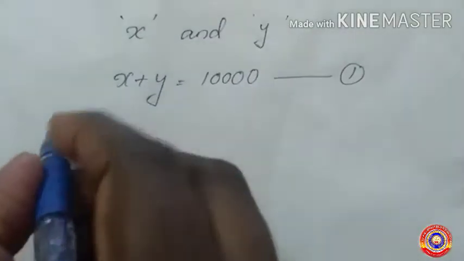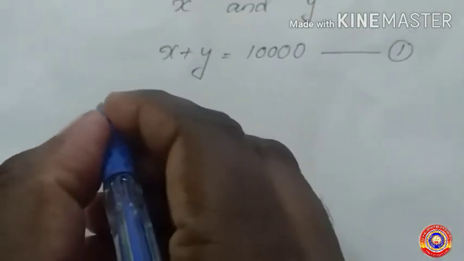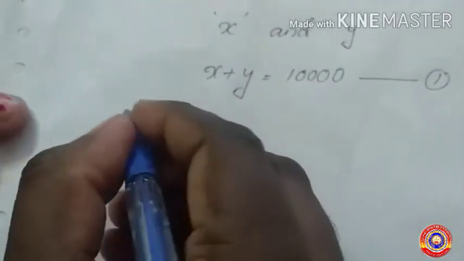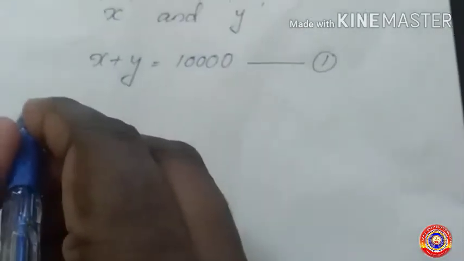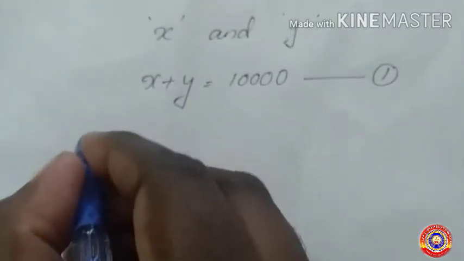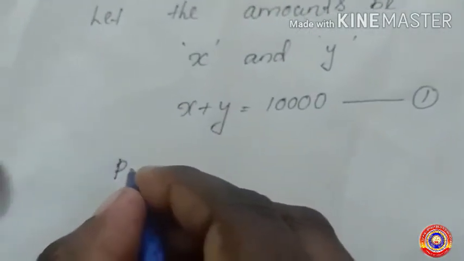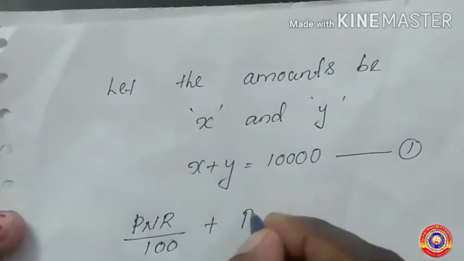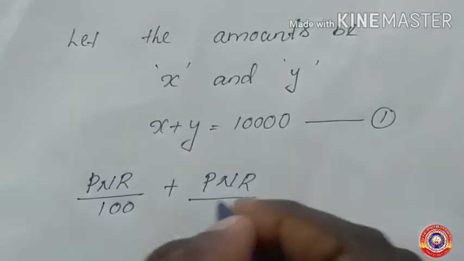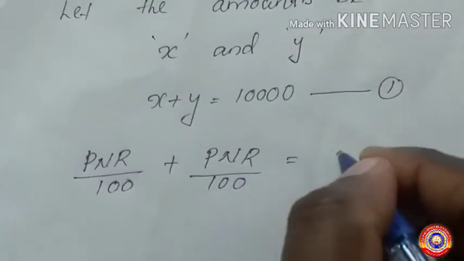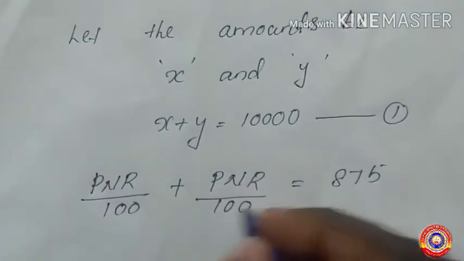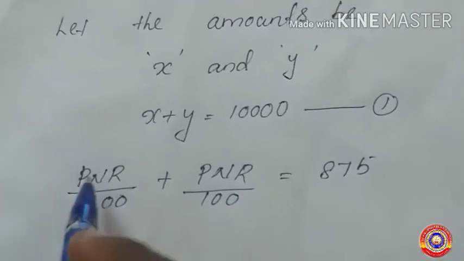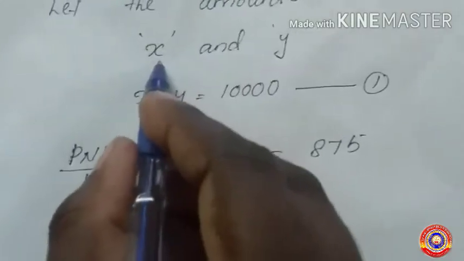From both the schemes, he got interest as 875 rupees. Children, what is the formula for finding the simple interest? Very good, PNR by 100. So we have 2 schemes here, so we can write PNR by 100 plus PNR by 100 equal to 875. What is P in the first scheme?